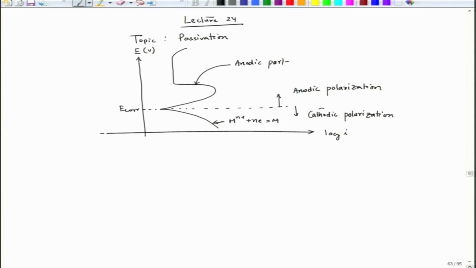Now, when we go to anodic polarization, there are some critical points in this particular active passive plot. This is a typical plot for an active passive metal.